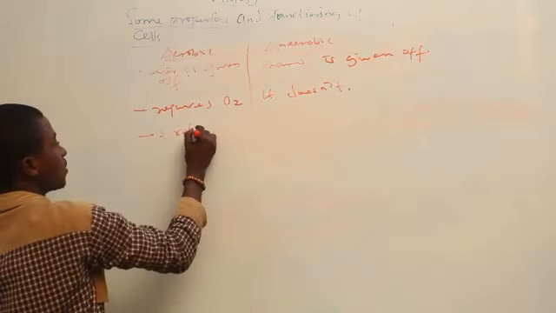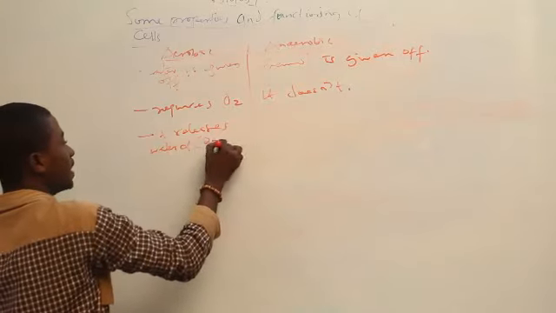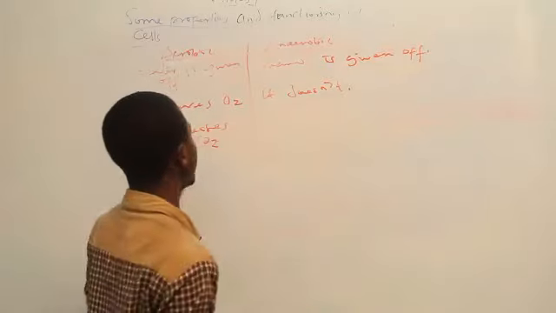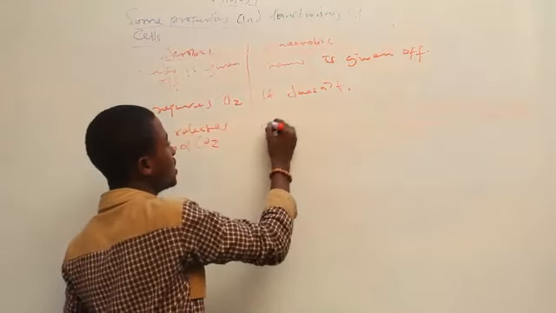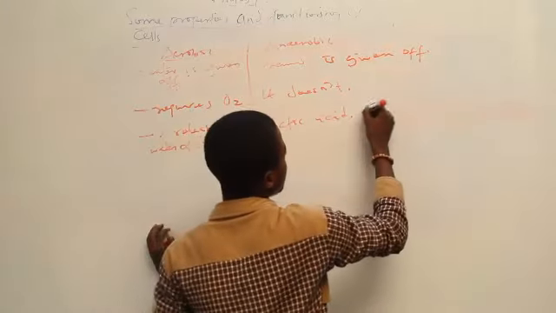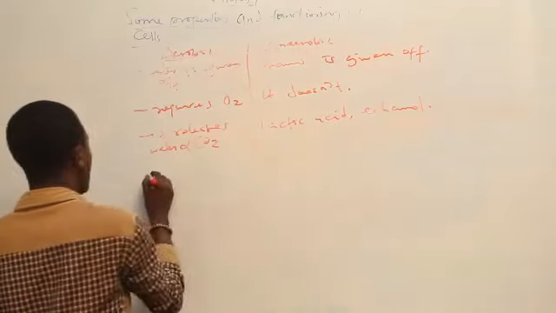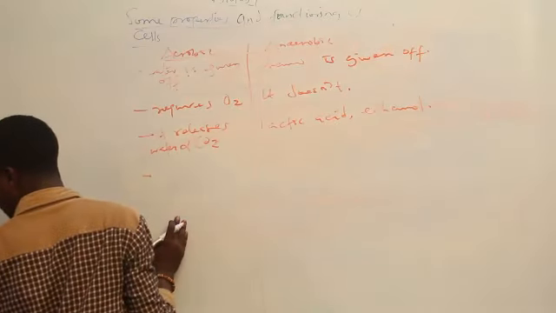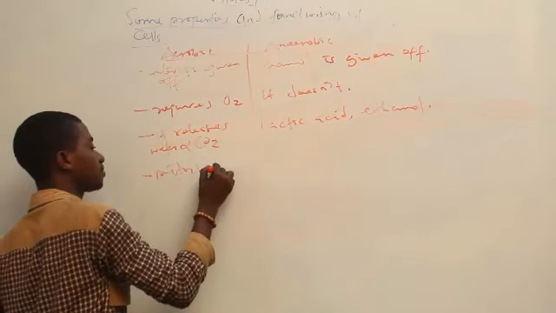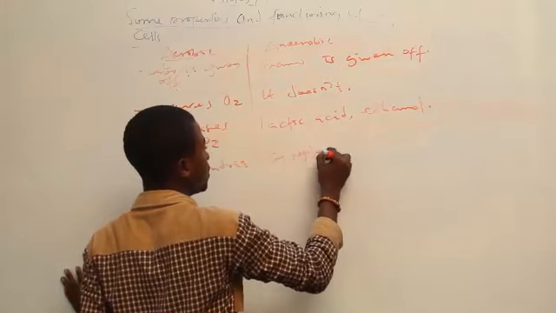It releases water and carbon dioxide. For anaerobic respiration, it releases lactic acid. Aside from lactic acid, it also releases ethanol. So it's either lactic acid or ethanol. Don't forget, aerobic respiration takes place in the mitochondria. Anaerobic respiration takes place in the cytoplasm.